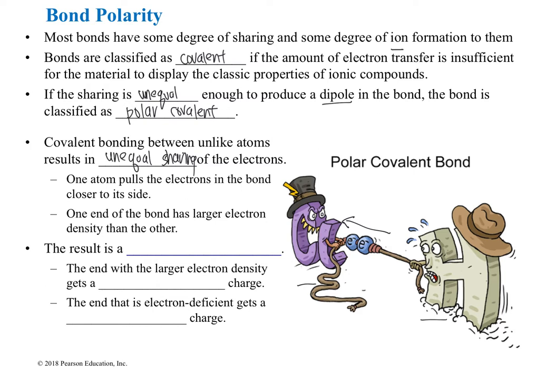That's what a polar covalent bond is, where the more negative side, chlorine in this case, gets a partial negative charge, and the part that isn't seeking the electron as much, which is electron deficient, gets a partial positive charge.